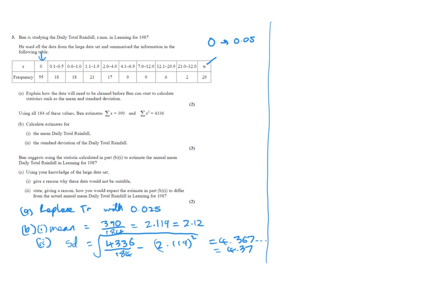So Ben suggests using the statistic calculated in B to estimate the annual mean total rainfall in Leamington. Using your knowledge of the large data set, well, we've just discussed that, haven't we? What you need to know for that is that the data is from May to October. It's May to October, yeah?